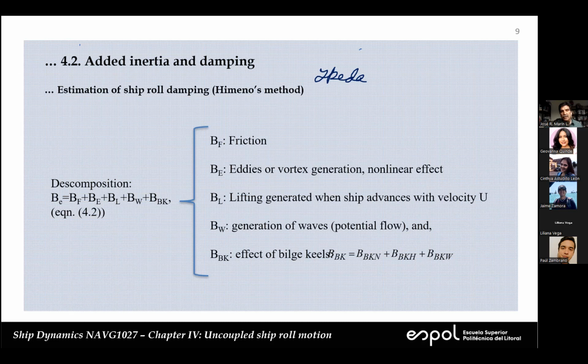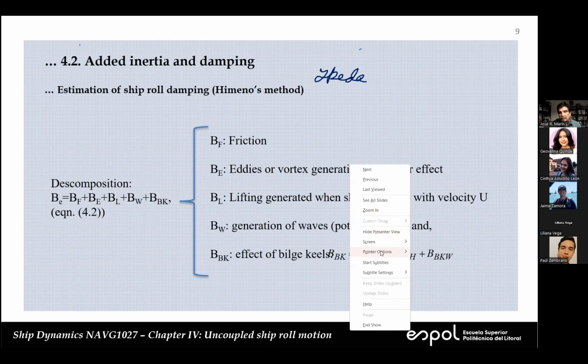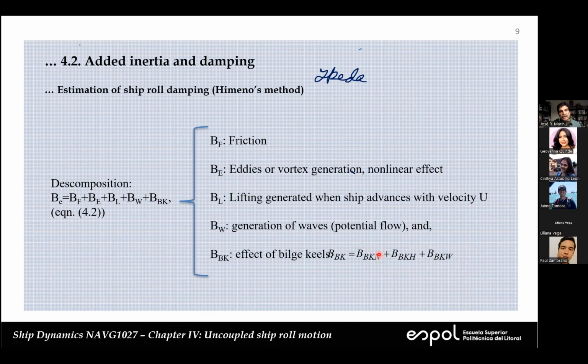Okay. Also, they declare, as you can read here, that this bilge keel coefficient is composed of 3 terms. Okay, this is the normal force. You have the section of the ship. You have here the bilge keel. The ship does that, right? When it does this, there is some pressure acting directly normal to this surface.